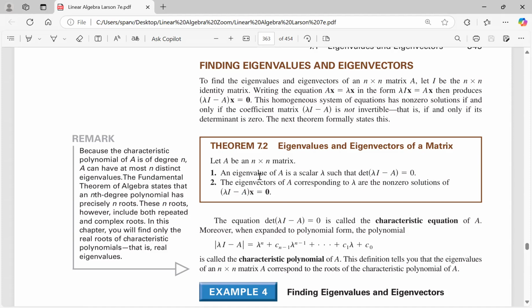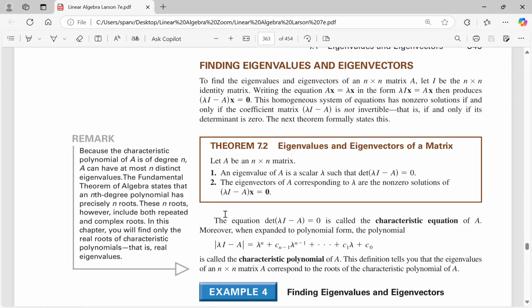Now, most likely we can use Symbolab next week because we're talking about finding solutions to a homogeneous system here in number 2. So we're going to use Symbolab to make our work easier.